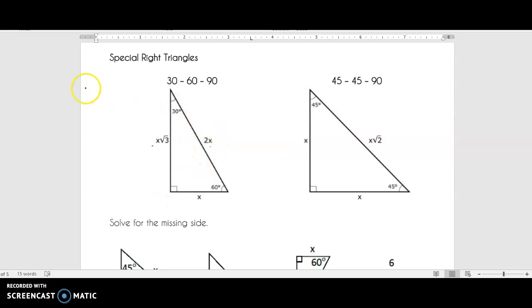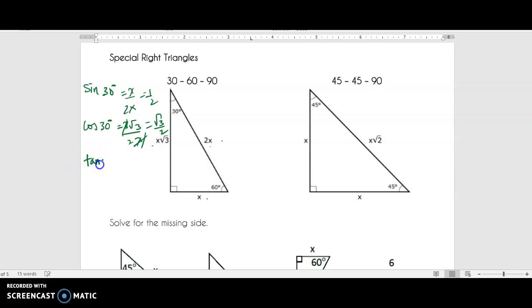Let's look at sine 30 quickly. Sine 30 is opposite over hypotenuse, which is half. Simple as that. Now cosine of 30 is adjacent over hypotenuse, so that would be x root 3 over 2x, which is root 3 over 2.